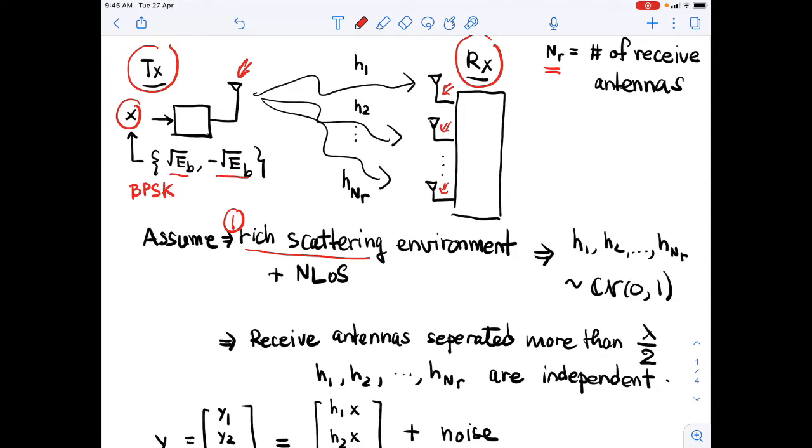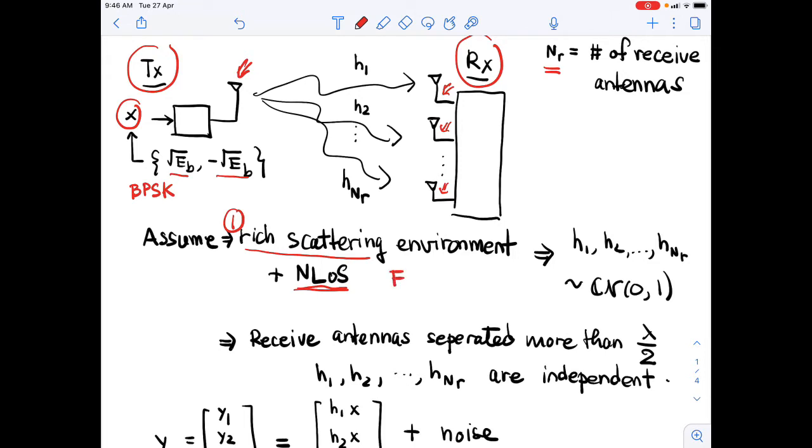So signal will be reflected, and it's gonna be all coming to the receive antennas. And most importantly, there's no line of sight. And we're gonna assume that the system has very small bandwidth, so this is gonna be flat fading.